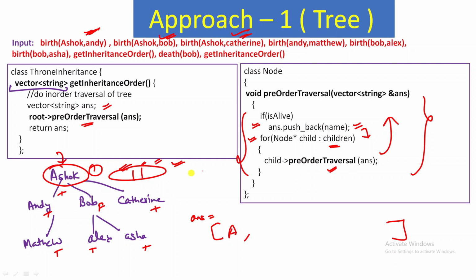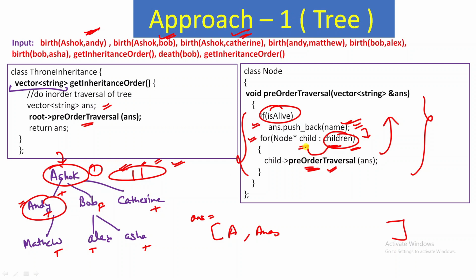So the next person from here will be Andy. Via the address of this node I will be calling this pre-order traversal again. I will be checking whether the status of Andy is alive, so I will be taking Andy, and so on. Next I will be checking the children vector of the current node, Andy.